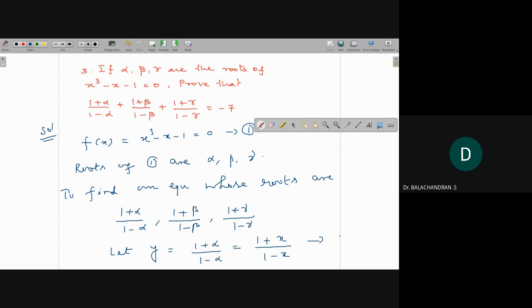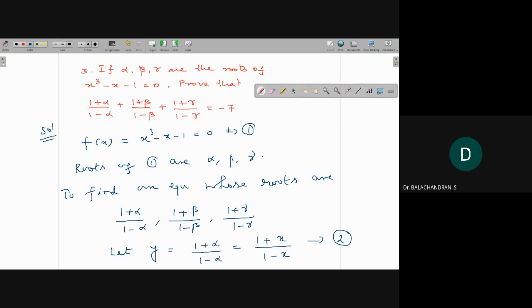So this I call equation 2. Now cross multiply. If you cross multiply, you will get what? Now, actually, I need to solve equation 1 and 2 to eliminate x.